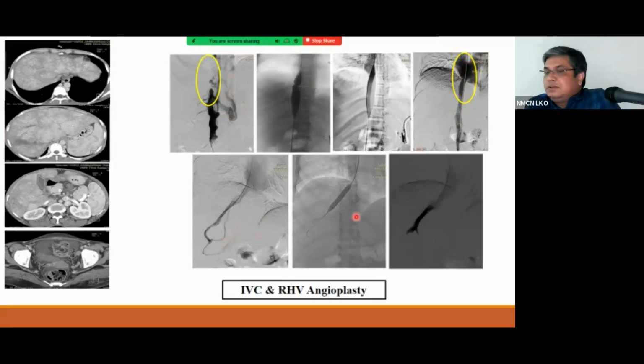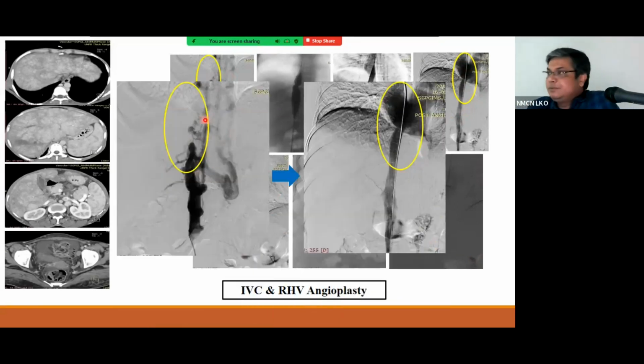RHV angioplasty was also done in view of partial stenosis of this RHV, and we can say disappearance of collaterals. So this was the pre-procedure image, and this is the post-procedure image with restoration of antegrade flow.